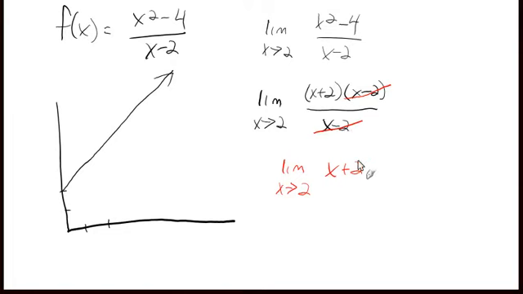But this function looks exactly like this function, except for at this little spot right here, right? Because this function, let's say the actual function, has a hole right there. But this function doesn't. This function goes straight on through, no hole, and we're good.